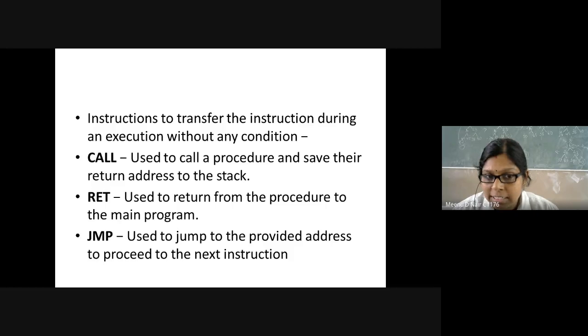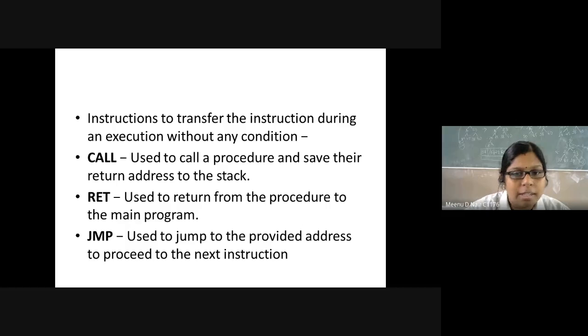Jump means once this instruction is executed, you have to jump to some other location. These instructions don't have any condition. Whenever you give them, they will be executed. Call means, while your main program is executing, you call some subroutine.